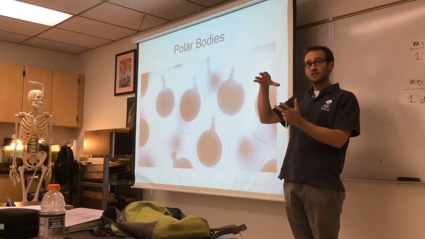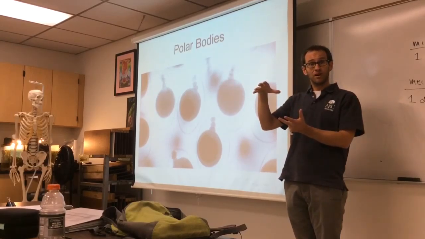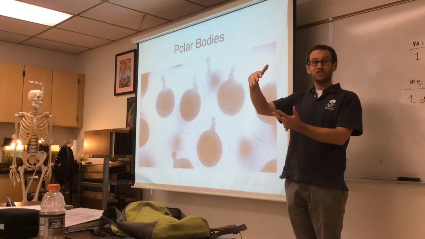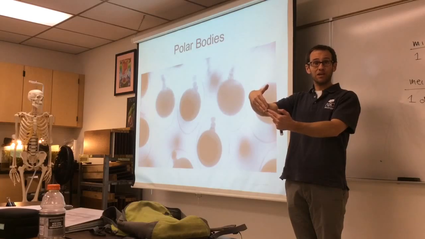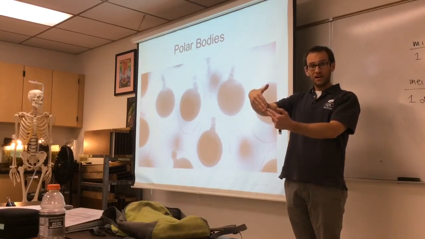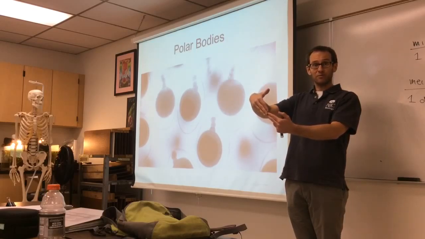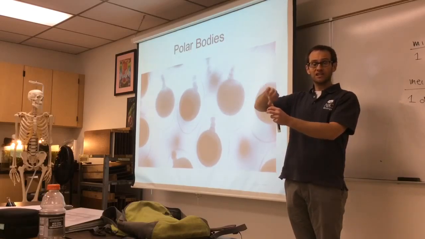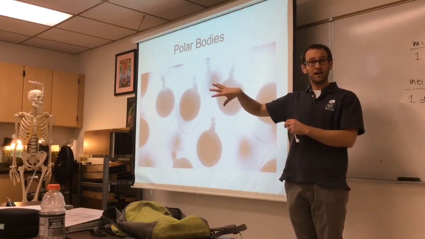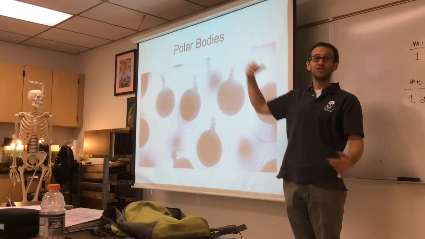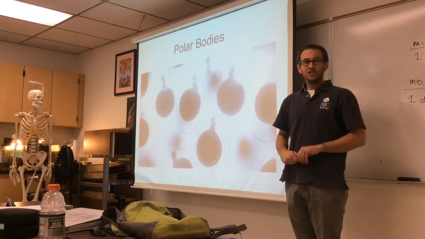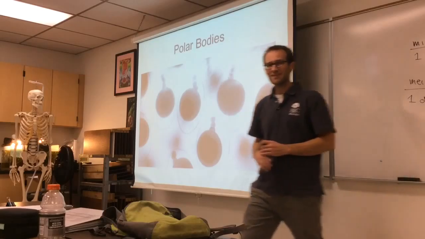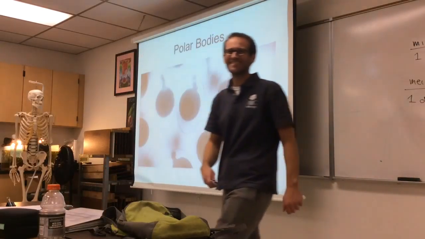But because we want to put all of our energy into one cell, so it has energy to divide enough times that it can actually become an embryo, all right? The only way to get to a single cell that's haploid is by going through meiosis and making 4 cells. So basically their job is just to take the extra nuclei and leave all of the contents of the cell to one nucleus, if that makes sense. Oh, it does. It's just interesting. It just seems weird. Yeah, it's like an appendix. Maybe that's what it's called.